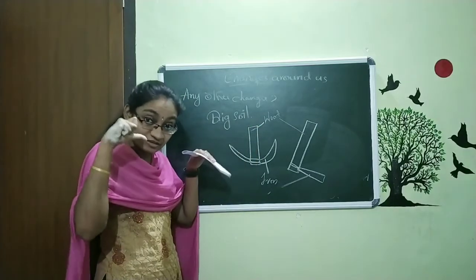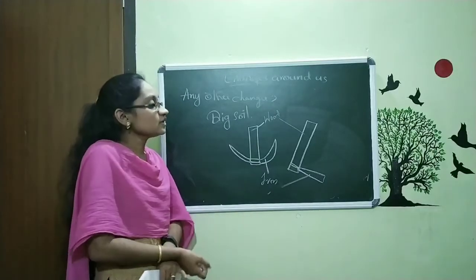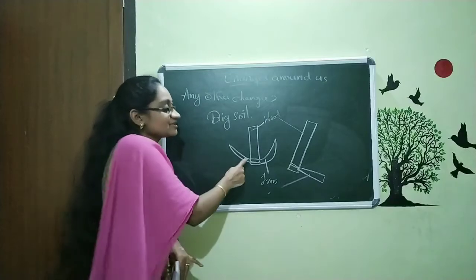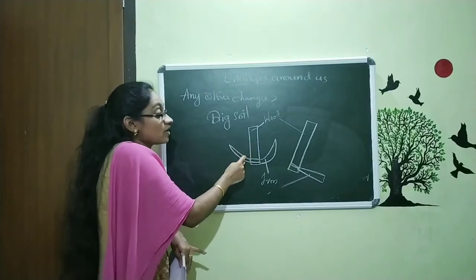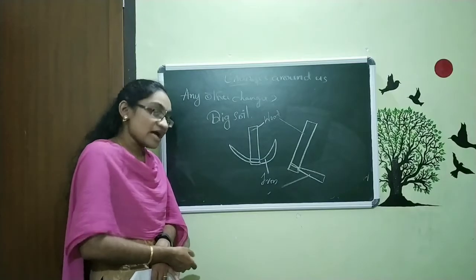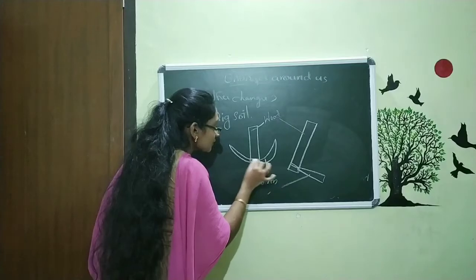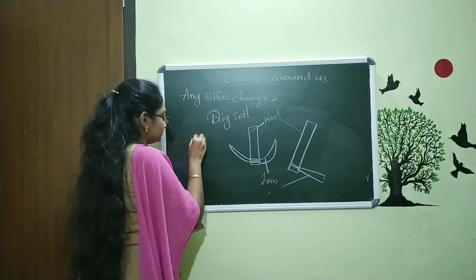It must be very fixed, very strong, very attached. So how are we fixing this wooden piece on this iron tool? Actually, here you can see one ring is there.